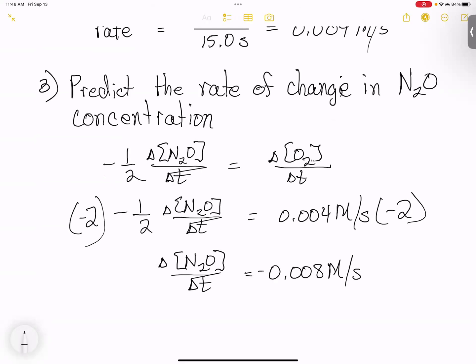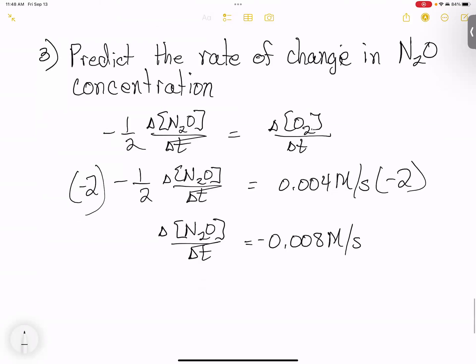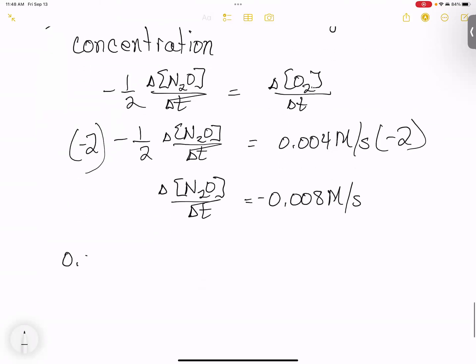But here again, negative does not mean that you have a negative concentration. You can never have a negative concentration. What it means is 0.008 molar N2O is lost per second.